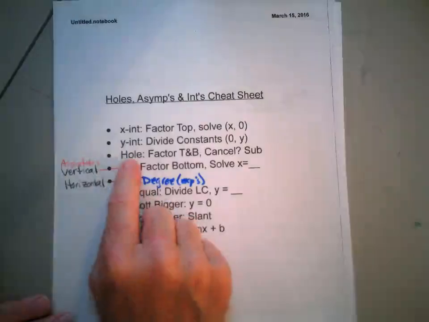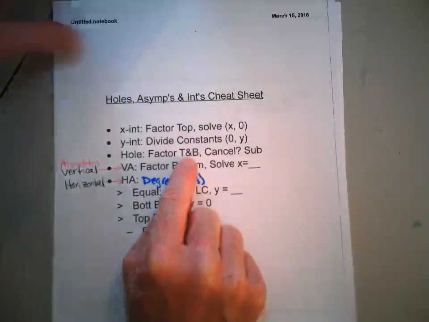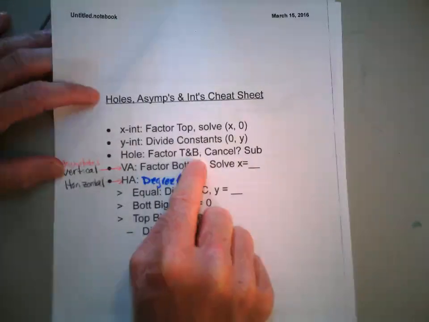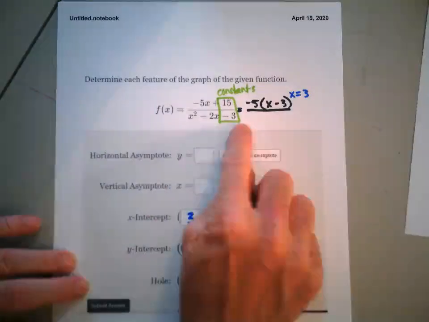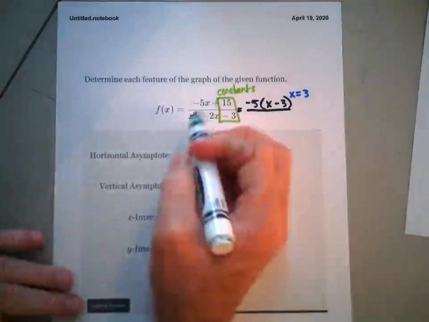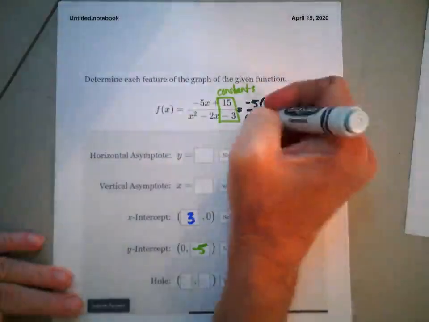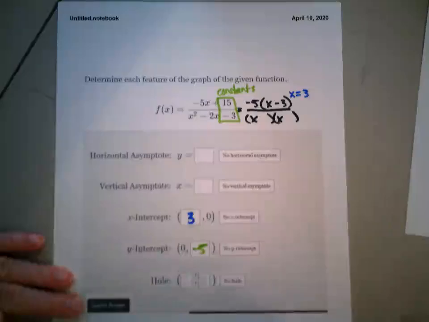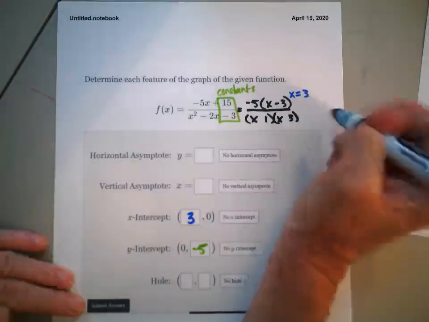Okay, third, we'll find the hole. Does it have a hole? Well, in order to find the hole, we have to factor the top and the bottom. We already have the top factored, so now we'll factor the bottom. The bottom is a trinomial, so we'll have two sets of parentheses. x, we'll have a 1 and a 3.